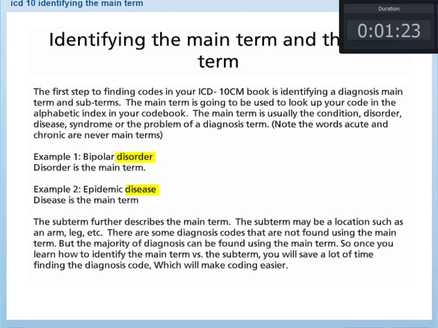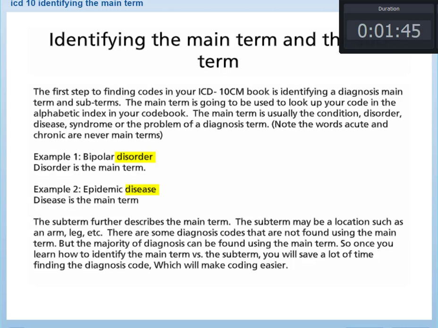Example number 1 is bipolar disorder. When you get into coding, a lot of times if you're looking at a diagnosis that ends with the term disease, disorder, or syndrome, those terms will be your main term. So, for example, bipolar disorder, your main term is disorder.